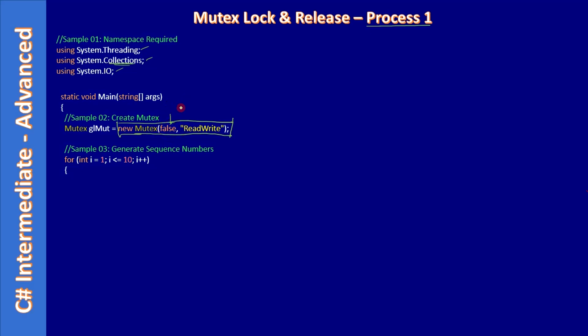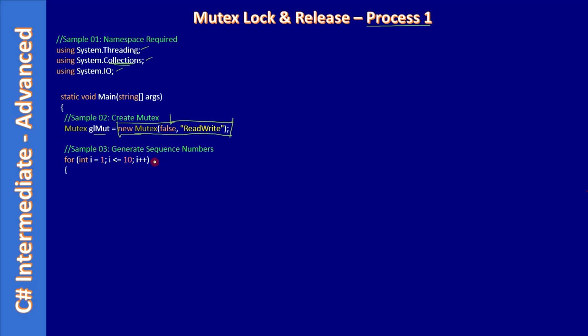That means the other process, when we start process 2, can also own or access this mutex. And we are giving the name as read write for this mutex. So this name will be useful for process 2 to grab this same mutex. So we are storing this mutex as GL mute.